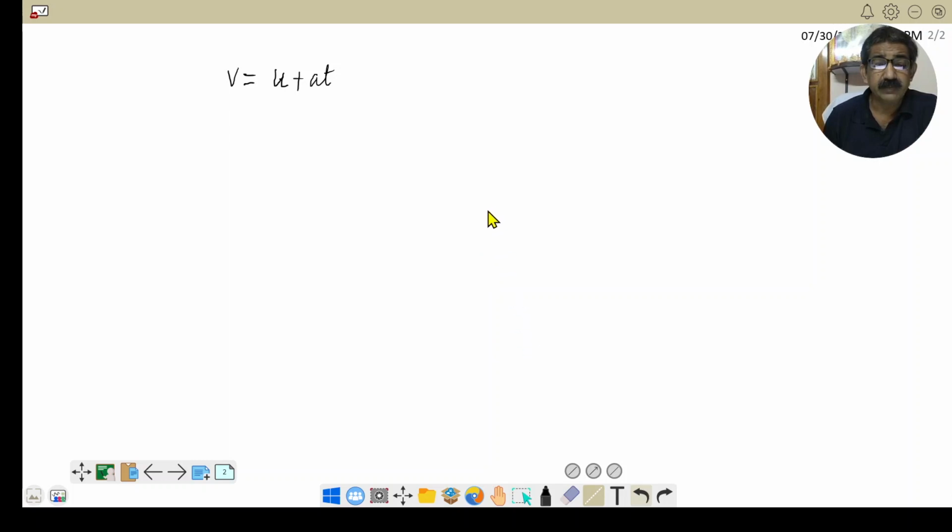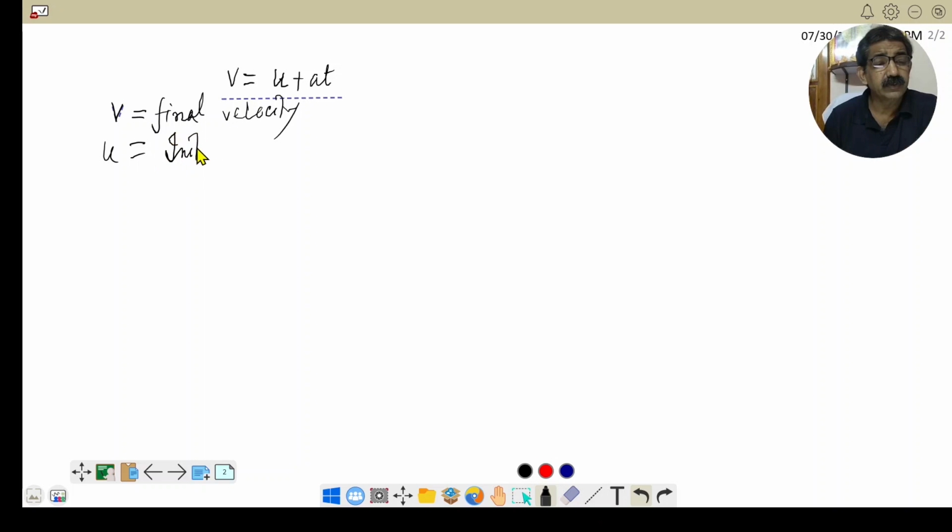What does it mean? Exact meaning. What is the exact meaning? V is equal to, sorry, V is equal to final velocity, U is equal to initial velocity.